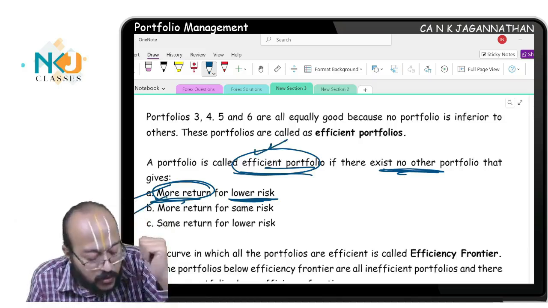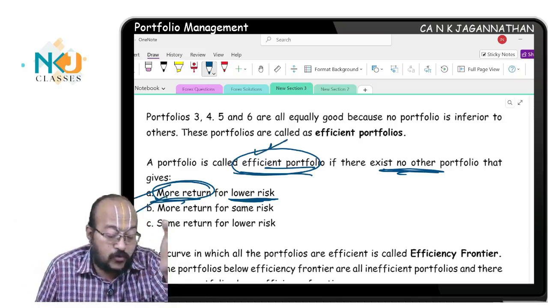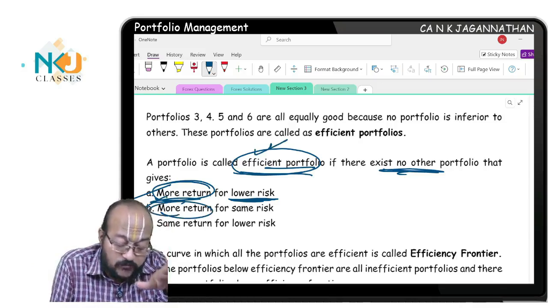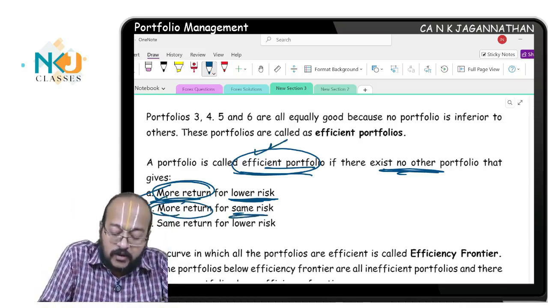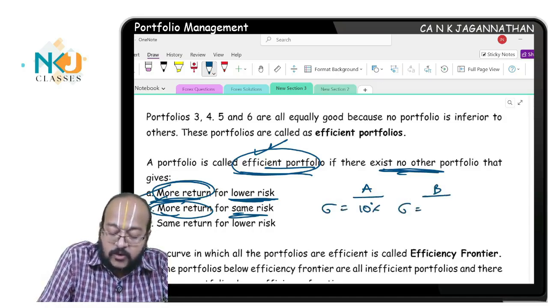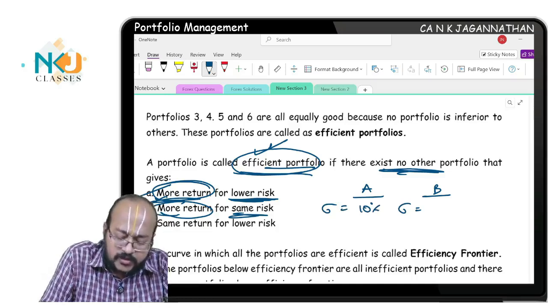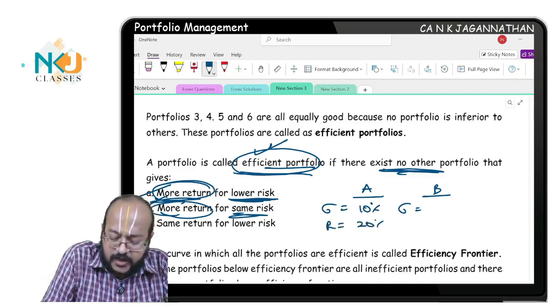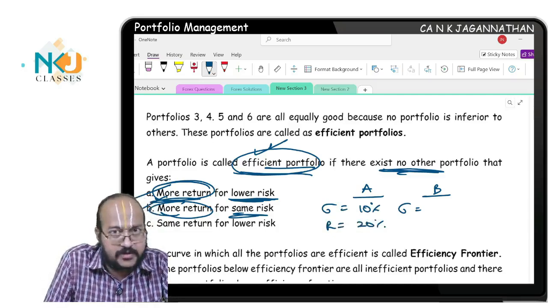Or point number two: this portfolio is called an efficient portfolio if no other portfolio gives me more return for the same risk. So for example, there is portfolio A and portfolio B. Portfolio A's risk is 10%, and its return is 20%.